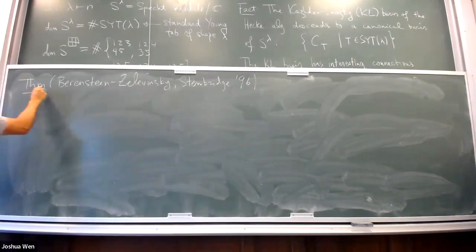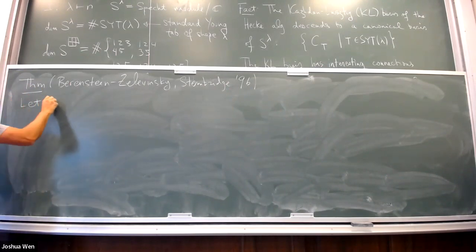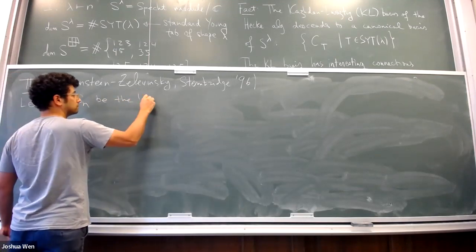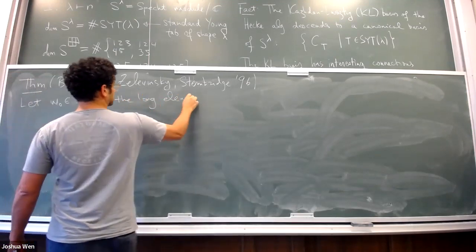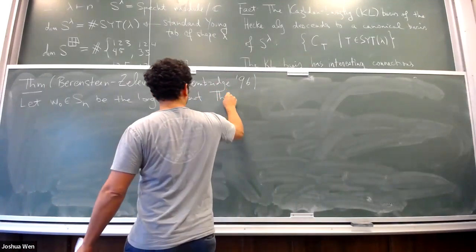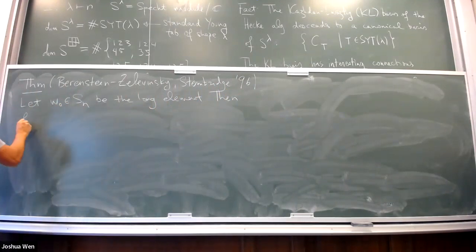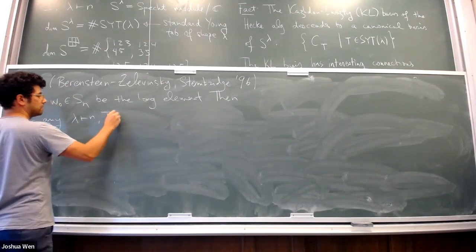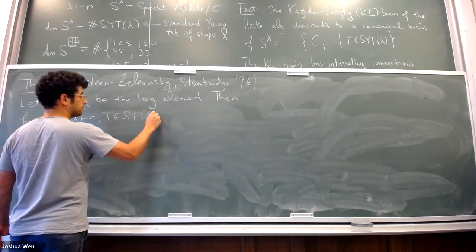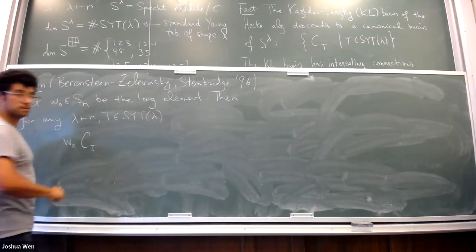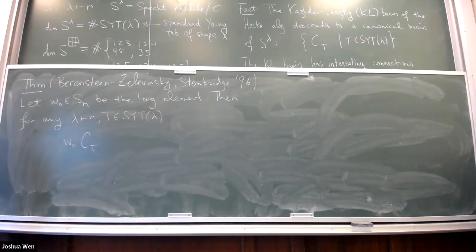And they prove the following result. Let's consider the long element of the symmetric group. Then for any lambda and any standard Young tableau t of shape lambda, the action of this long element on the Kazhdan-Lusztig basis is amazingly nice.